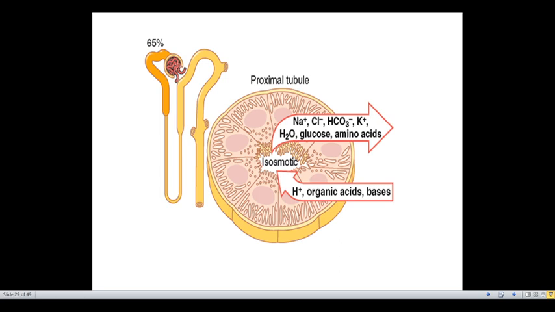The proximal tubules also secrete organic acids, bases, and hydrogen ions into the tubular lumen.